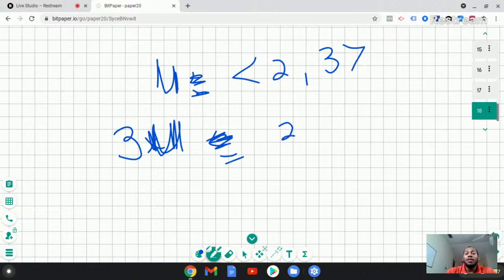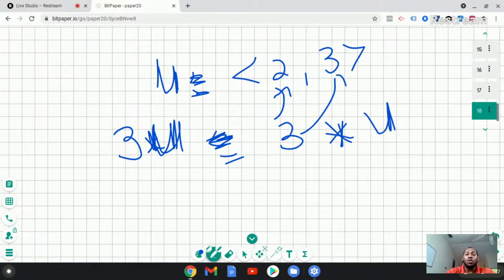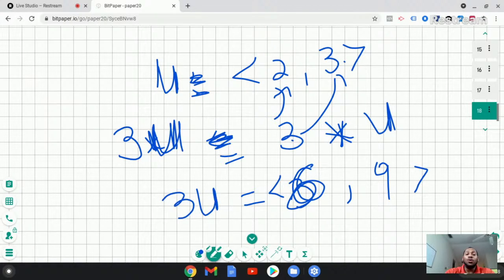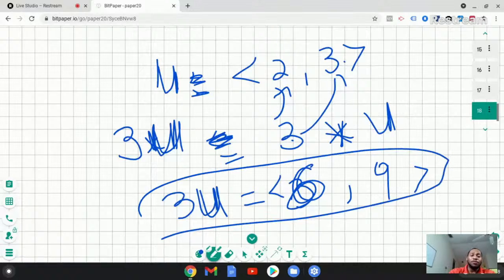It is 3 multiplied by U. We multiply the 3 by the first component, and we also multiply that 3 by the second component. That's all you do. So it's 3 times 2, which is 6, and 3 times 3, which is 9. So that's 3U. And that works for any numbers. A negative number, or a number like 1 over 5, you just multiply it by each one of the components.